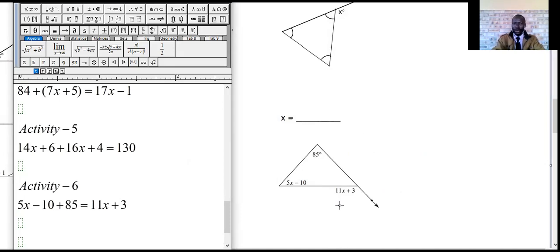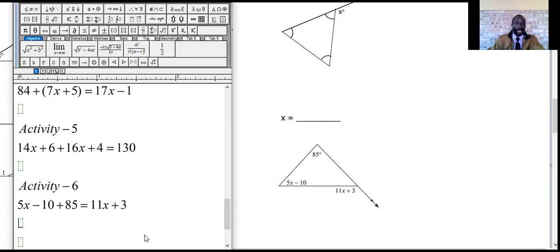Now, I'm just going to do this for you so that you don't have too much to struggle with. We have to find the value of x. To do that, we are going to do what is called collection of like terms.